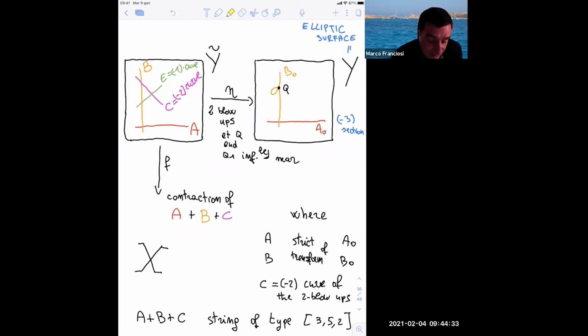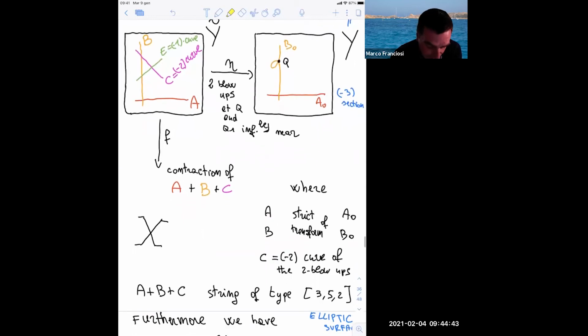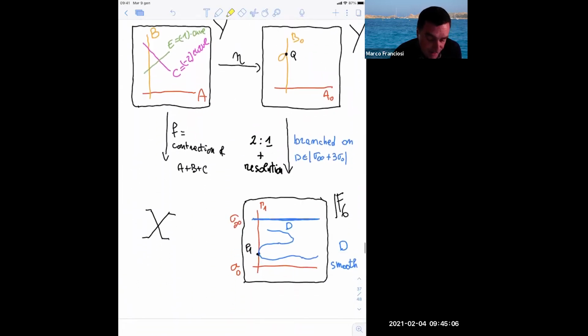And X is given by the contraction of this string ABC, where A, B are the strict transforms of A0, B0, and C is the -2 curve obtained by the sequence of the two blow-ups. So that ABC is a string of type 3, 5, 2. And as above, we have this description. Now D is simpler than before.